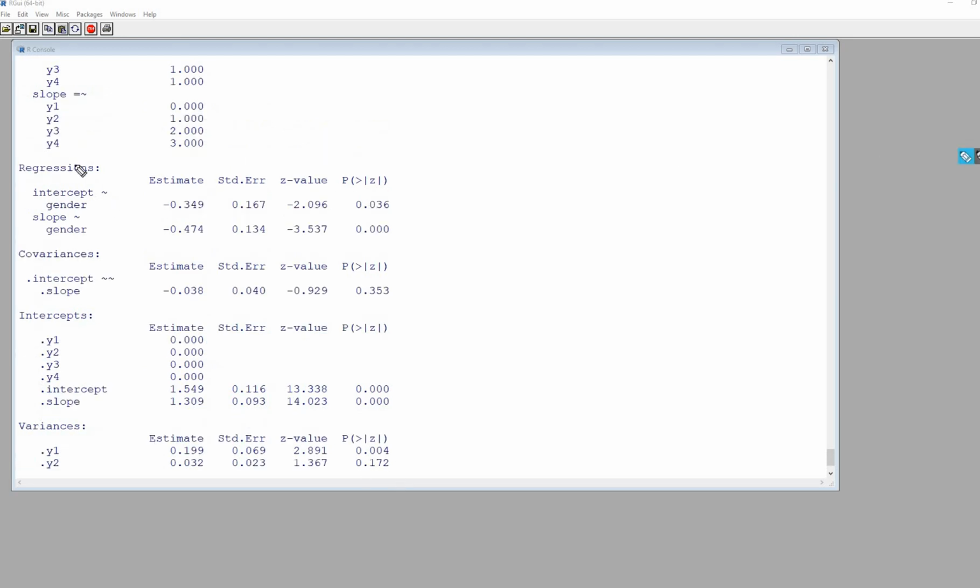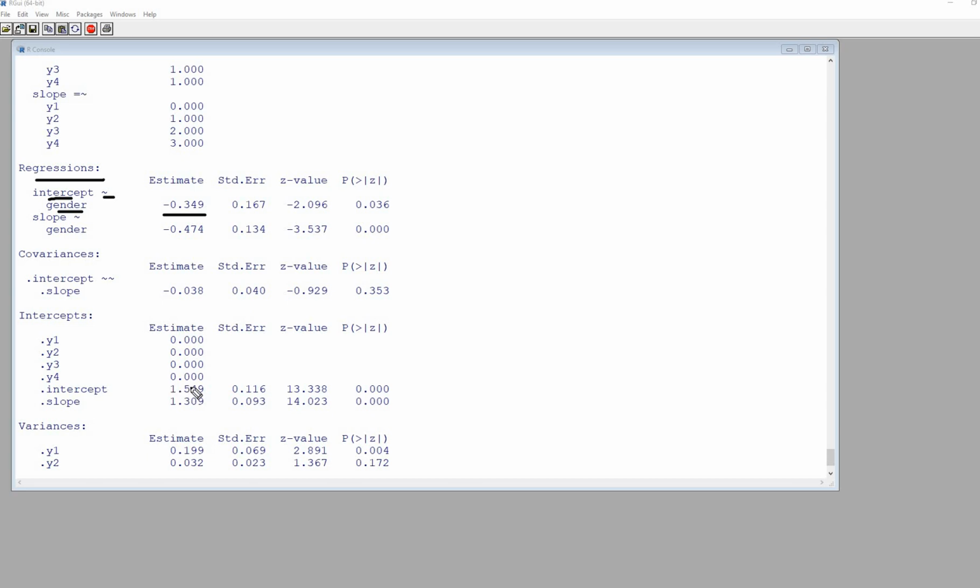Now, if we look at the regressions, and this is the piece of the output that I was talking about that was missing from the chapter, you'll see that we have intercept followed by the tilde and then gender. So basically this is the intercept being predicted by gender. So the slope that you see right here, the negative 0.349, is the difference between males and females with respect to their initial status.